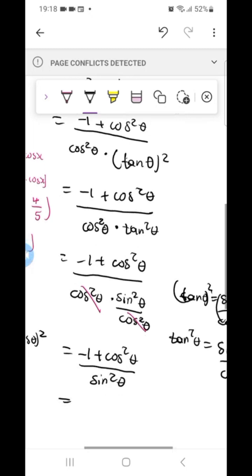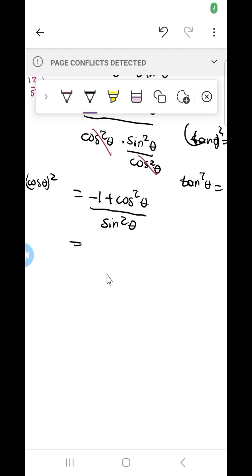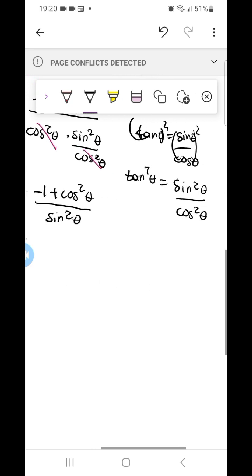So now, remember that I told you that this negative 1, you might need to use it again. So now it came back, so you need to use it. From your trig identities, remember that sine squared theta plus cos squared theta is equal to 1.